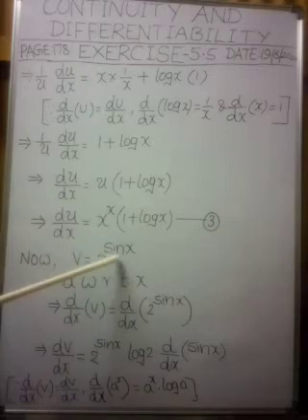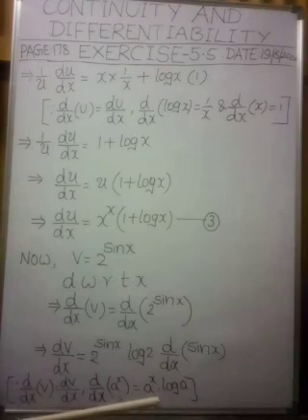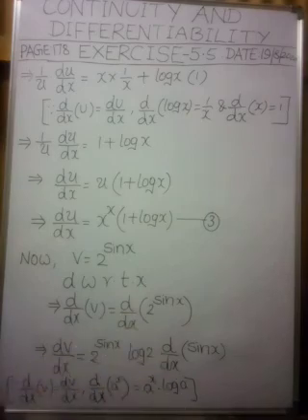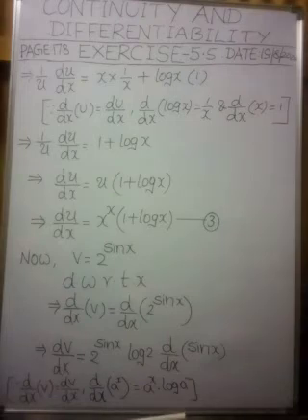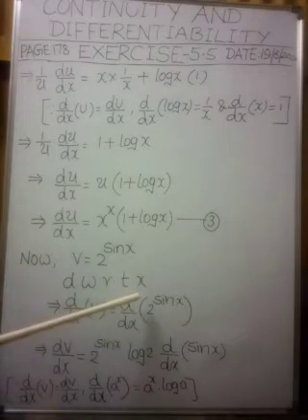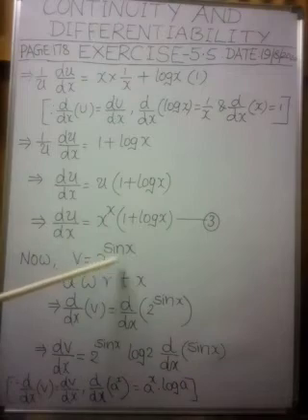V is equal to 2 power sin x. Here we have to find dv by dx. So to find dv by dx, we can use logarithmic differentiation also. But I used another method. Okay, my children, see here that I took differentiation on both sides with respect to x directly, because it is in the form of a power x.